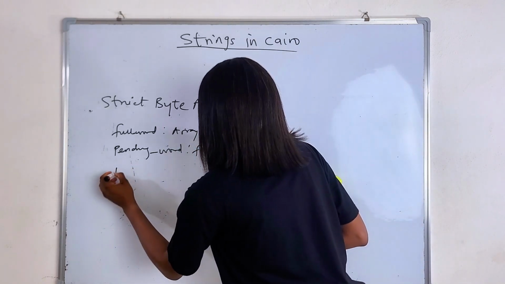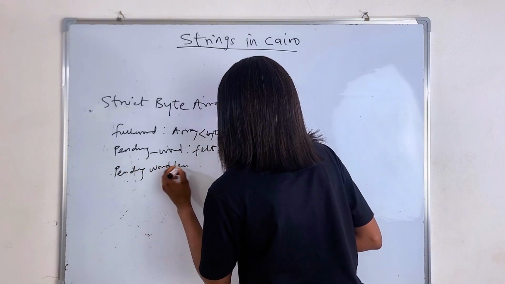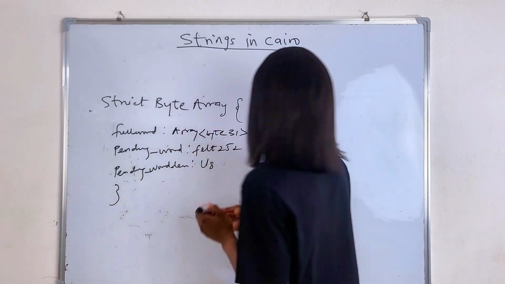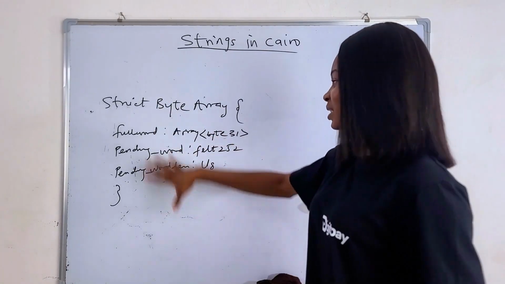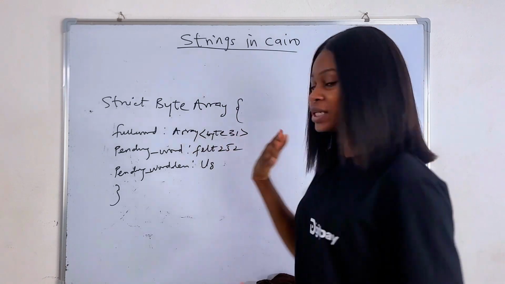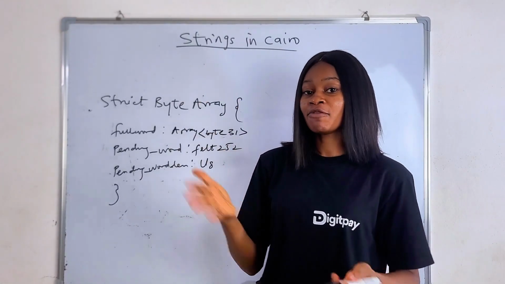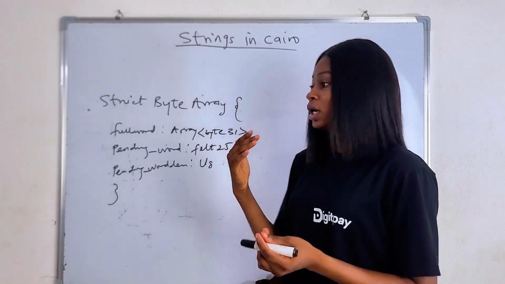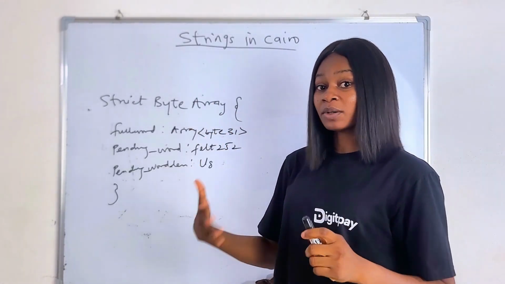Then we have pending word length, which is a u32. So this is the structure of ByteArray. What does this thing do? The data is an array of bytes31, the same way that we pack 31 characters for a short string. For this one, we pack 31 bytes, which is less than a felt252, so you can comfortably store it in a felt252.